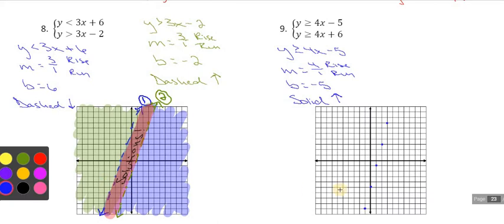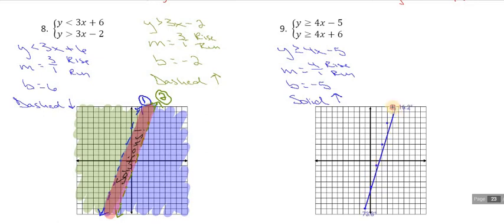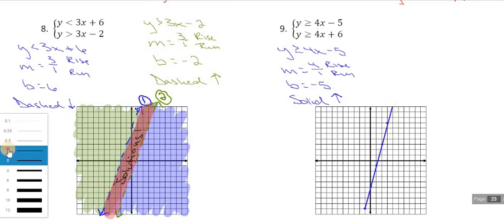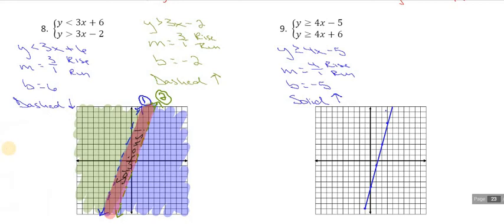We have a solid line that does continue forever in both directions. So there is inequality 1, and we are shaded above, which would be this piece.